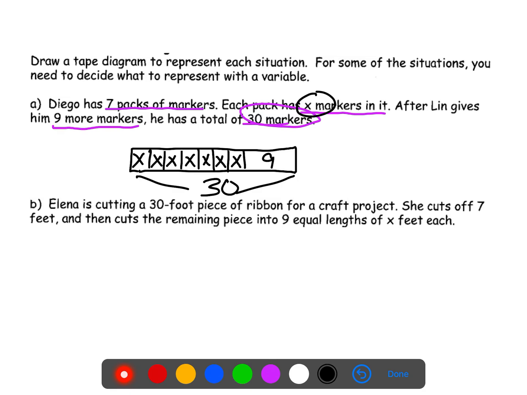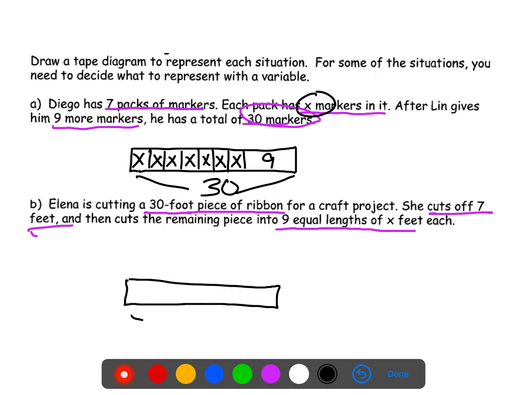So next, Elena cuts a 30-foot piece of ribbon. She cuts off 7 feet, and then cuts the remaining piece into 9 equal lengths of X feet each. So start with our tape. Find the total value of that tape, which is the 30-foot piece again.